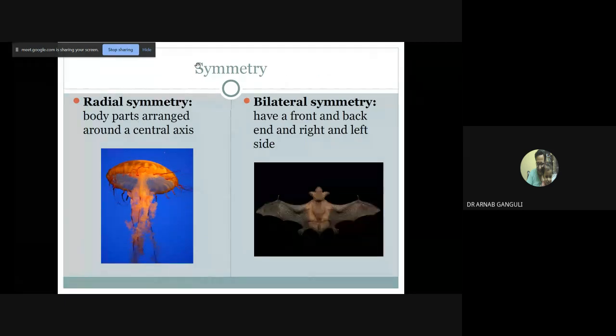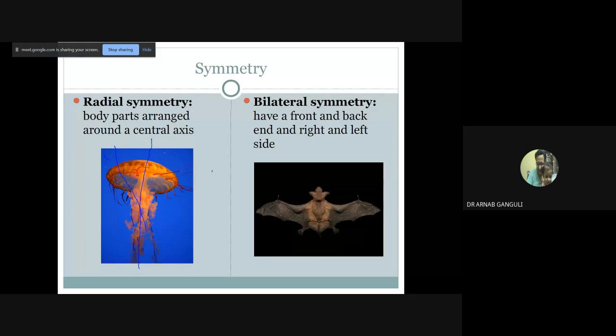First thing which you have to study is symmetry. Symmetry can be radial symmetry, where body parts are arranged around a central axis. If you divide through many planes, you'll get two equal halves, from whichever angle you try to divide.